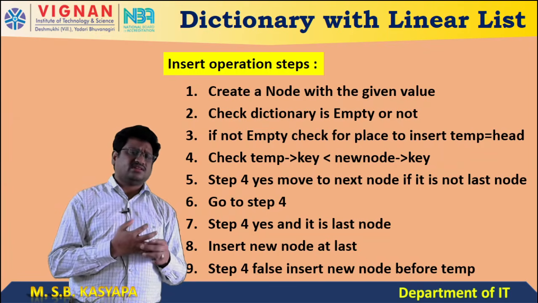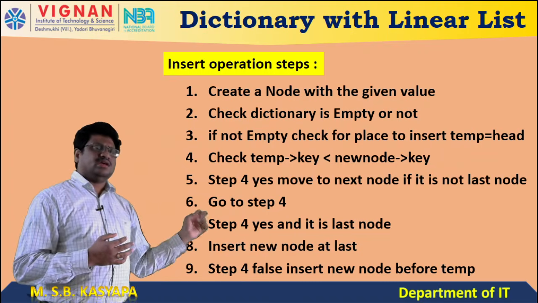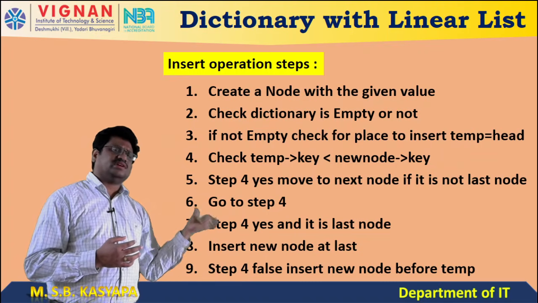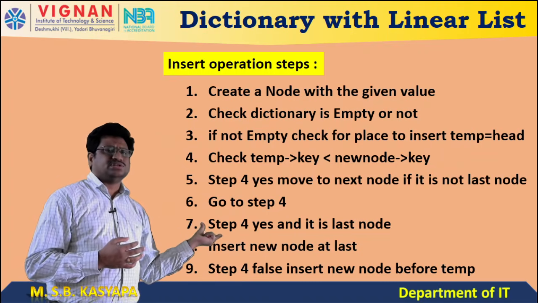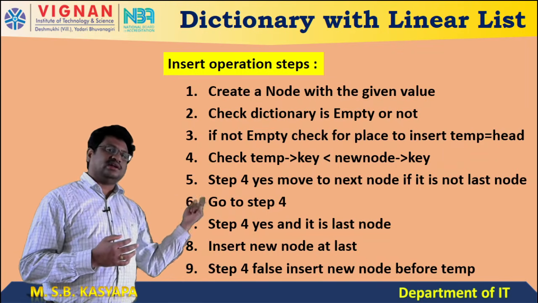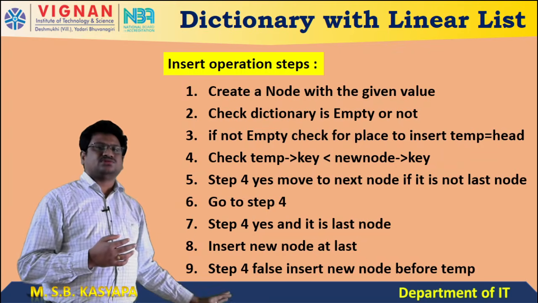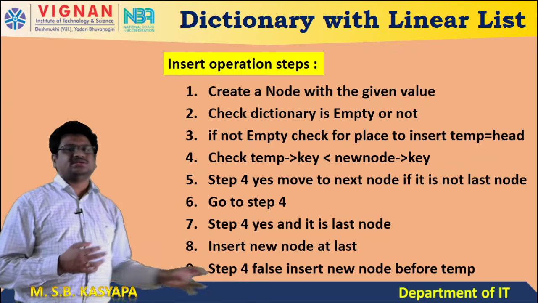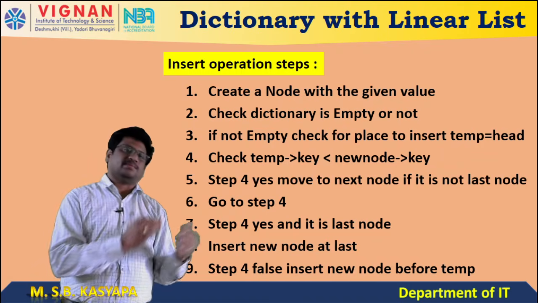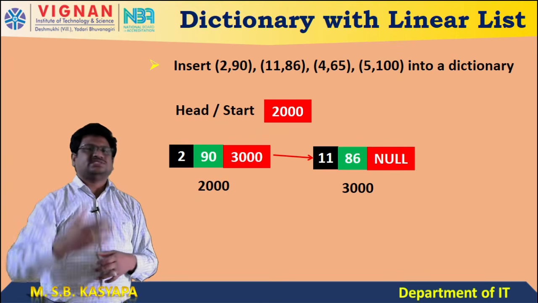If I didn't find the value, I will go until the last node. If even after the last node I didn't find the appropriate position, then I will insert at the end. If I find a greater value, then it goes to step 9. That means I will insert the value before the temporary value. This is the process.